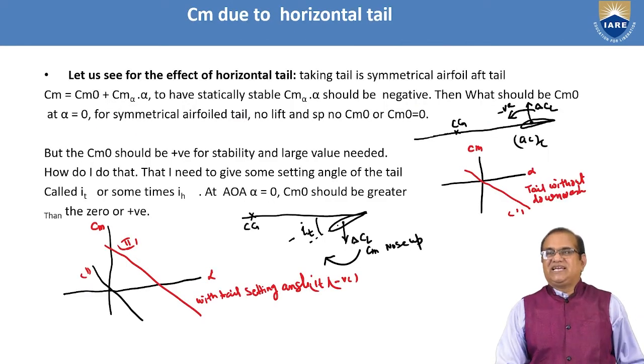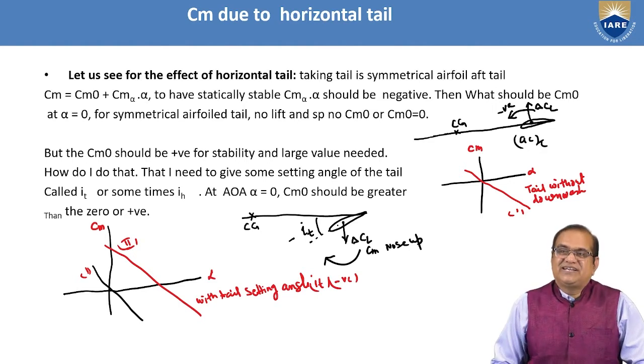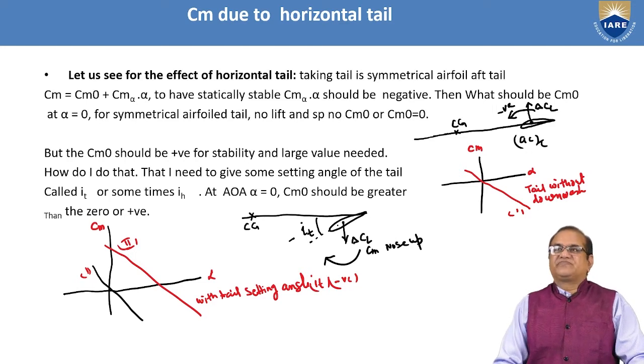Cm due to horizontal tail. We need to balance this aircraft; we need a tail. So how will this horizontal tail affect the Cm of the aircraft? Let us see the effect of the horizontal tail. Taking the tail as a symmetrical airfoil, aft tail, Cm is equal to Cm naught plus Cm alpha into alpha. To be statically stable, Cm alpha should be negative.